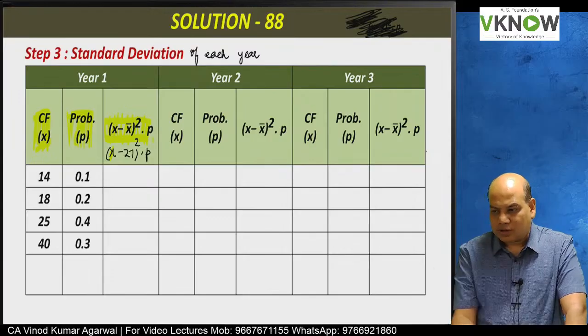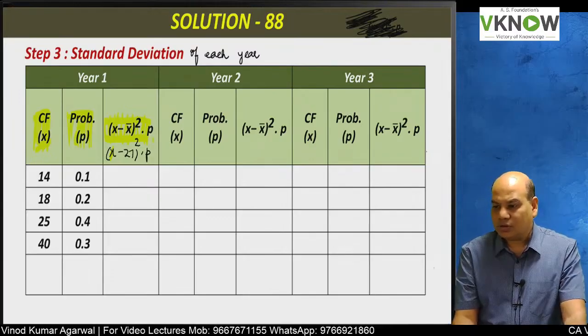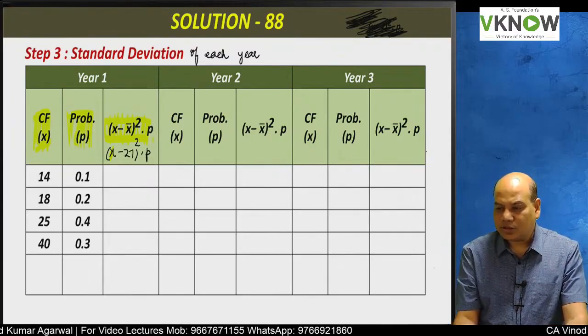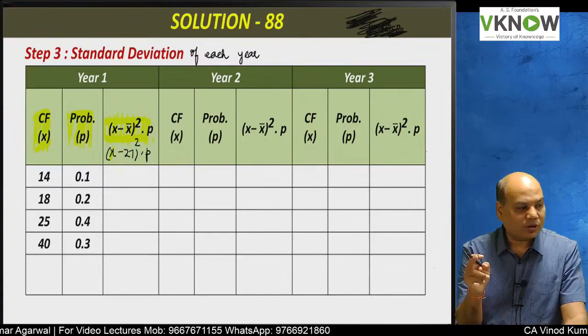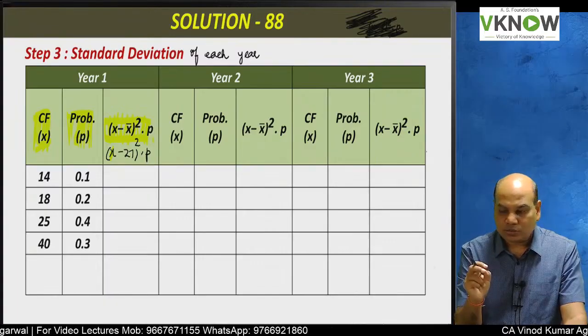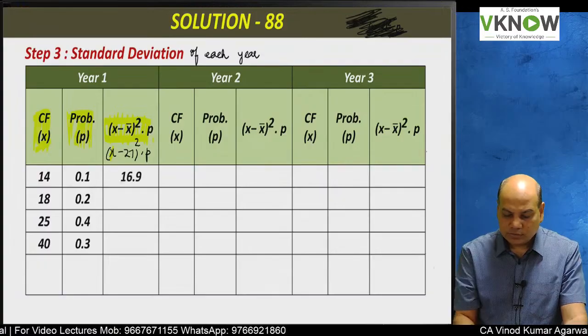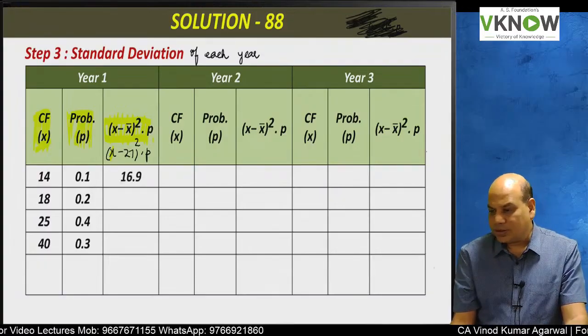So take your calculator. 14 minus 27, square, into 0.1, 16.9.